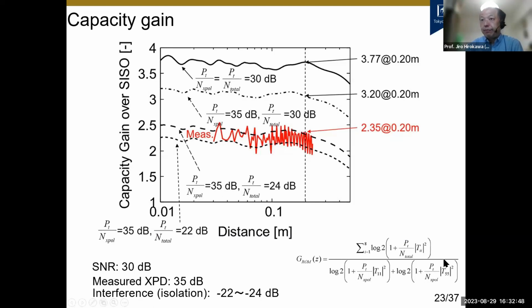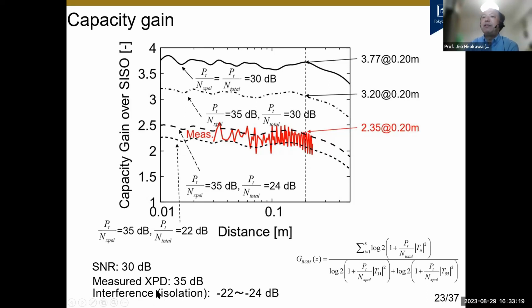And we assume the signal to noise ratio is 30 dB, which is closely related to PT over N total. PT is transmission power, and N total is total noise power.